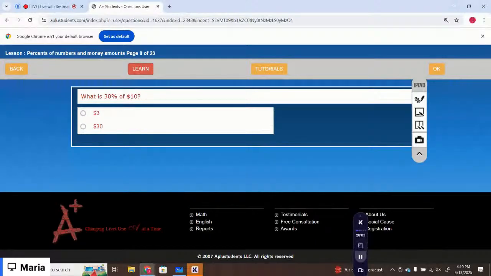What is 30% of 10, which is the correct option? 30% of 10 is 3. Option number 1 is the correct option.